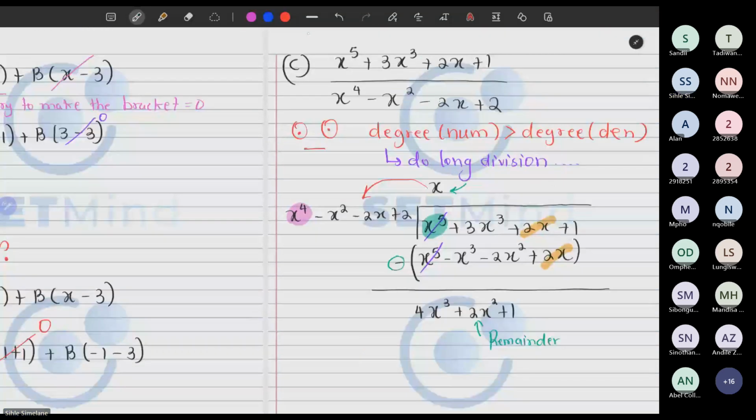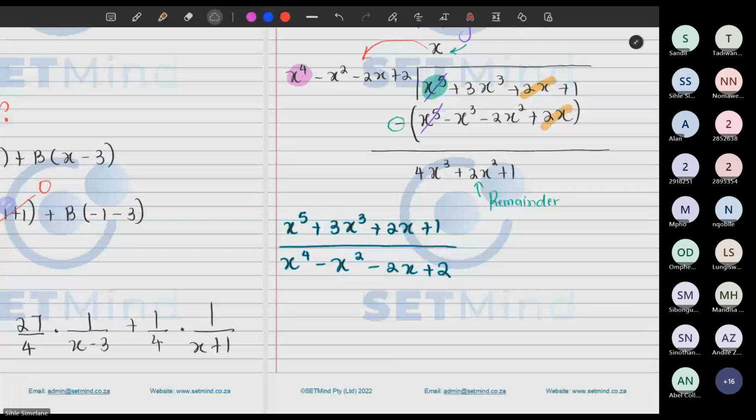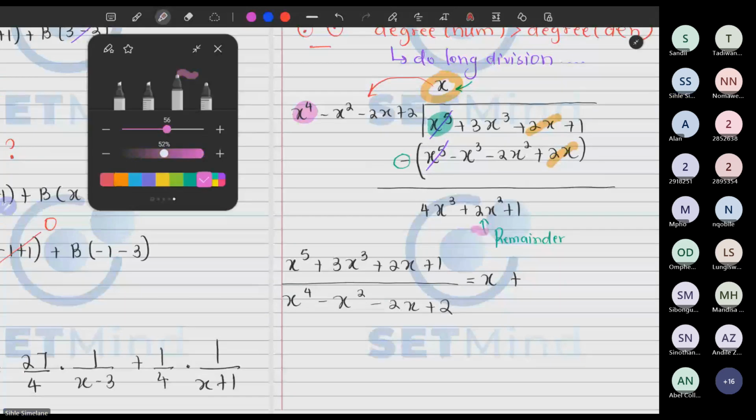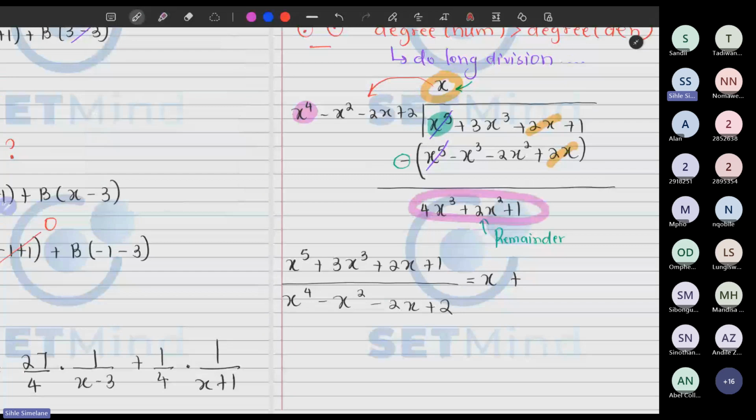So this here at the top, when we now write it, it will be equal to the value which we get there at the top, plus what is left here, it becomes the remainder, meaning we will have that 4x cubed plus 2x squared plus 1. It will be divided by the denominator, which is all of those numbers there, x to the 4 minus x squared minus 2x plus 2.